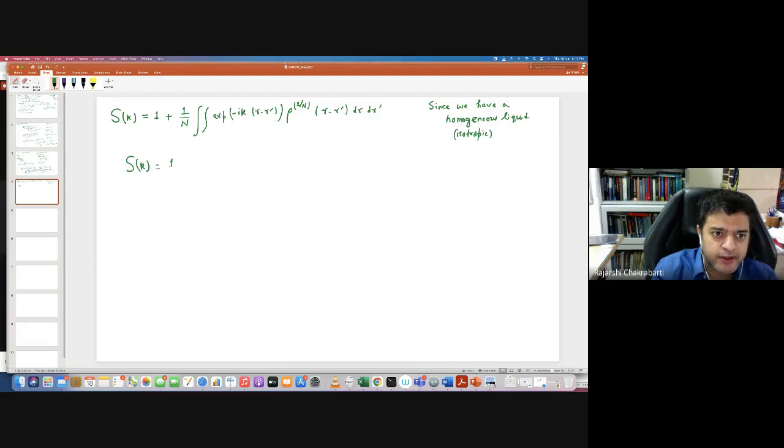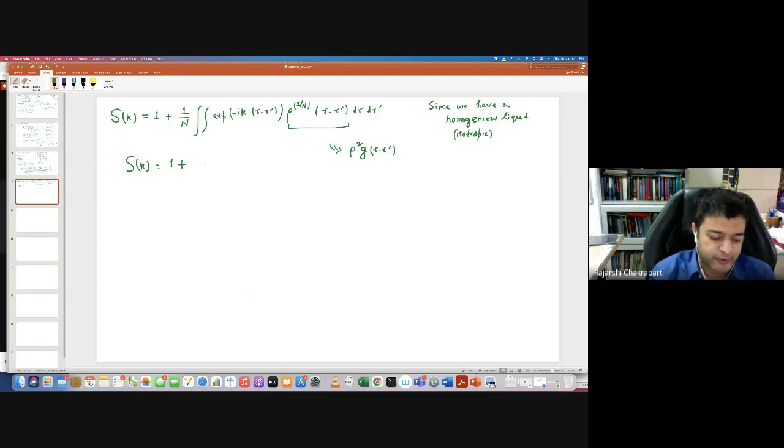S of k is equal to 1 plus, just look at it carefully. This one you remember, no? The definition of this is rho square g of r minus r prime. Remember? So I can take that rho square outside. Rho square by n, it will become what? Also I can integrate over one position.